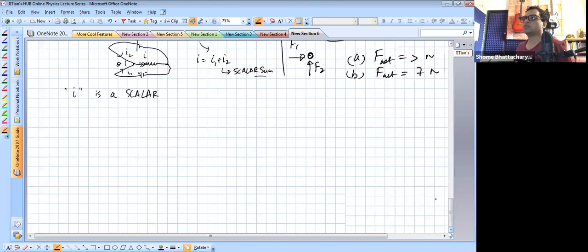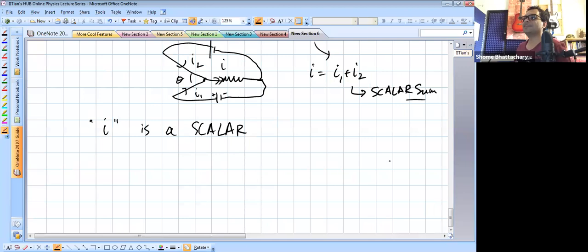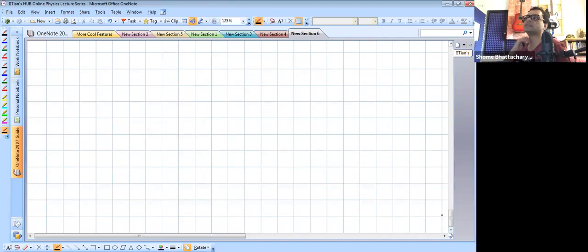Now that we have understood not only the definition of vectors and scalars, we have also understood how to do a small test ourselves to understand whether a given quantity is vector or scalar. Next, we move on to what is called vector algebra. That is, how we actually deal with vector quantities, how we do the various algebraic operations on them like addition, subtraction, etc. So the first part of vector algebra is what we call notation for vectors.